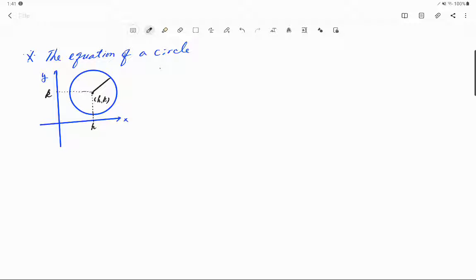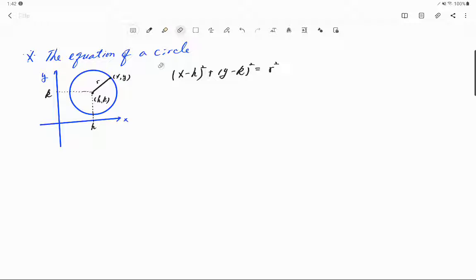Let's say this is r, and this point is x comma y. Then the equation is (x minus h) squared plus (y minus k) squared equals r squared. That's the equation of a circle.